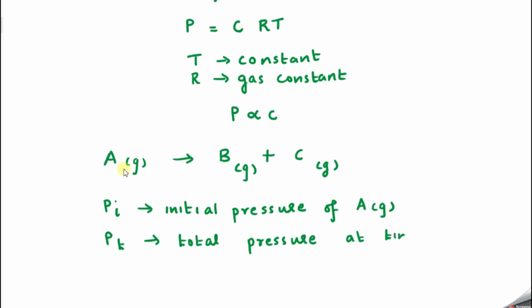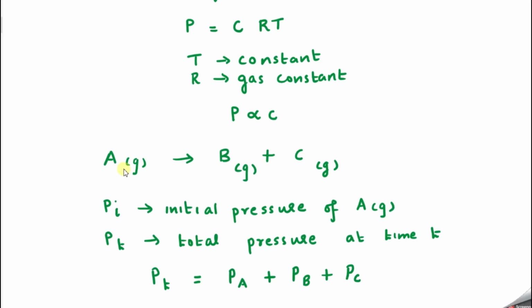Why are we saying at time t? Because after some time t, B and C will also form. Then the pressure of B and C also needs to be taken into account. So the total pressure at that point of time will be PT. We already learned Dalton's law of partial pressures, so it is the sum of the partial pressures of A at that point of time, B and C. Many students will ask here, sir, why do we need to write A here? Because the products are formed.